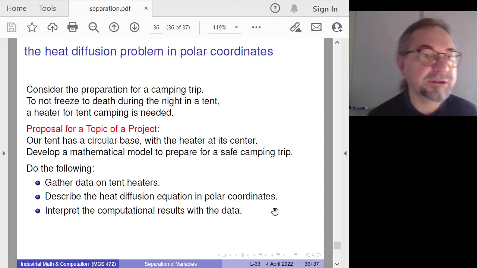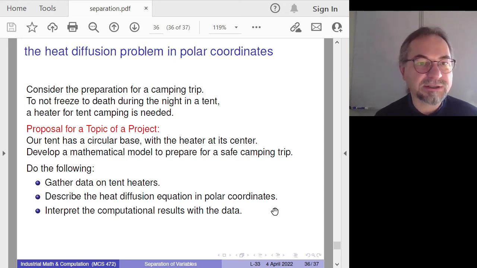So you will have to study which heaters are actually most appropriate. Of course you can trust any salesperson and walk into a shop where they sell these things, but you may want to do some study on the heat diffusion. This is a warm-up. It's very similar to our model, but with a twist: we consider the polar version.